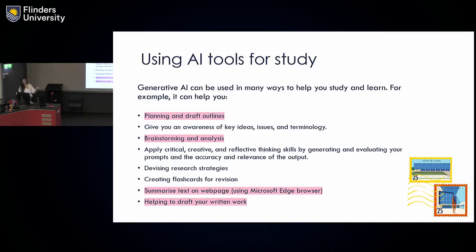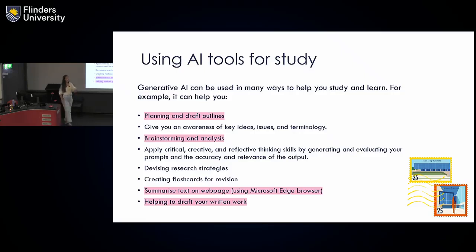You might also use it for lots of different things though. One way that's really useful is to give you a background about some ideas in your topic. You might be studying something quite complex, or be given a range of really difficult readings. You might use AI to help you understand that as the background, in the way that once upon a time, if you didn't understand something, you might have gone to Google and found a Wikipedia entry to help you.